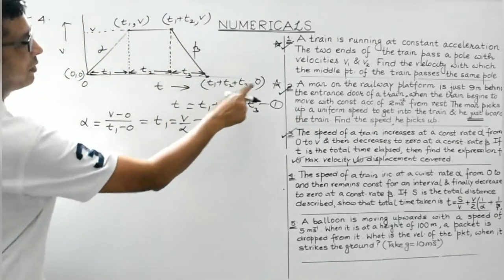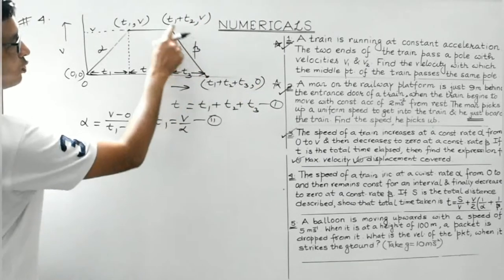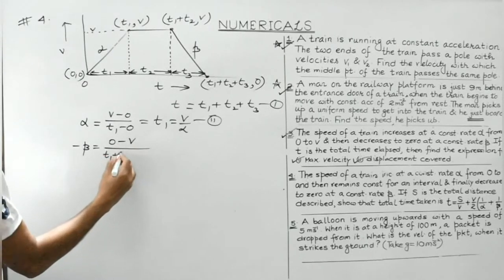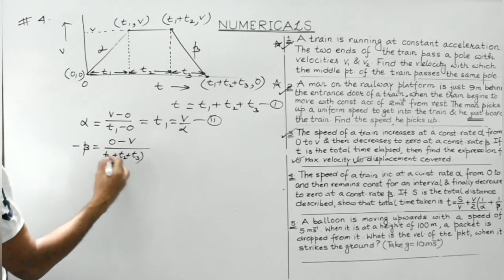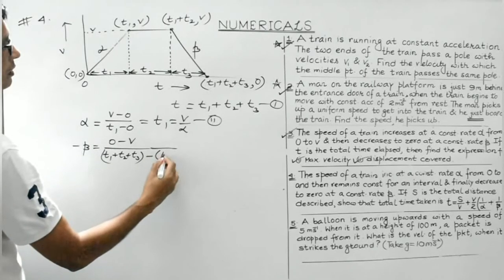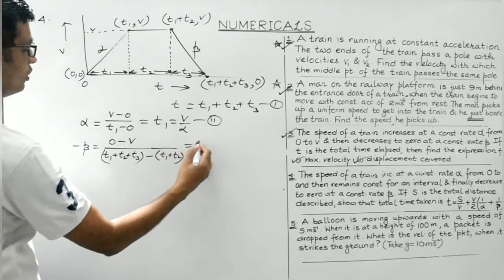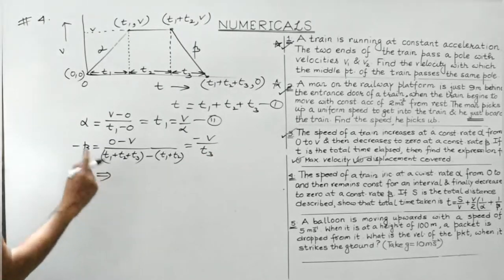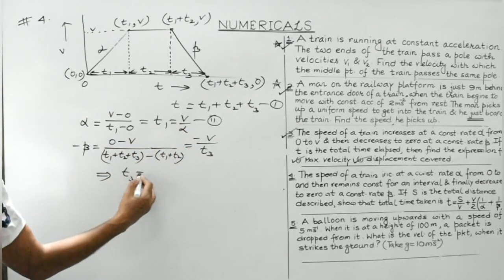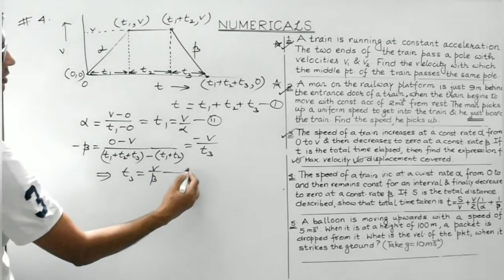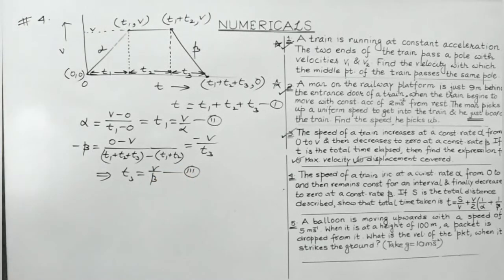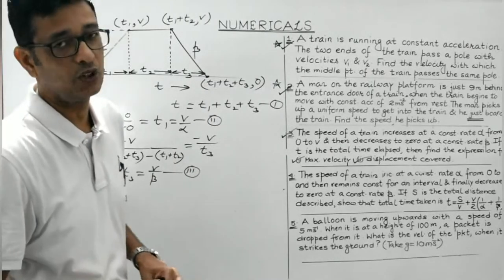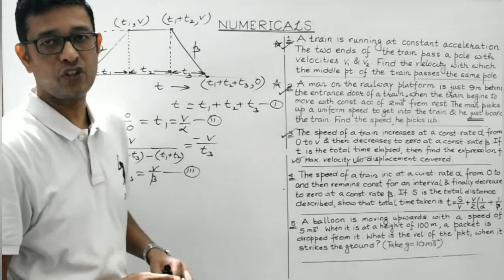So minus beta would be given by (y2 minus y1) divided by (x2 minus x1), so it is (0 minus v) divided by ((t1 plus t2 plus t3) minus (t1 plus t2)). That will give us minus v by t3, which implies that minus minus get cancelled, so t3 would be equal to v by beta. Fine students, these are the equations which we are obtaining by using the concept that the slope of the velocity-time graph will give us the acceleration of the body.